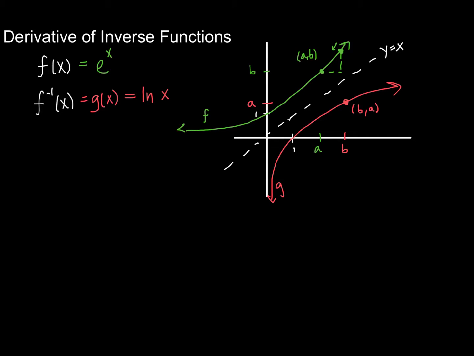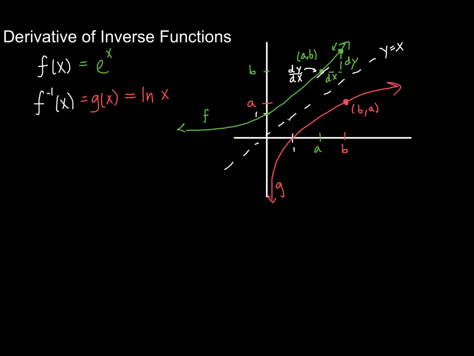Now, as this point gets closer and closer to this point, the change in y over the change in x, they both become infinitesimally small. So we refer to them as dy dx, as I've shown here, and that allows us to name the instantaneous rate of change right at this point, and it'll help us visualize it with the little tangent line here, and that is the value of dy dx.